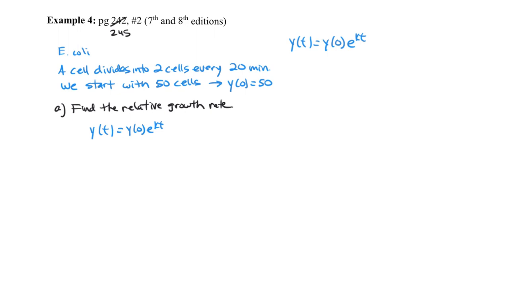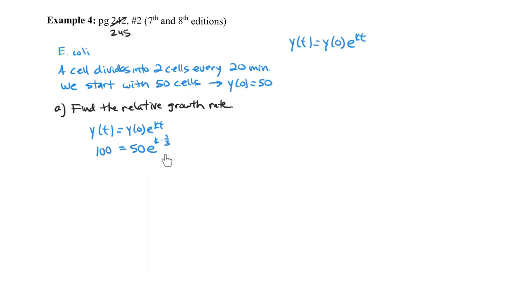Looking at these conditions, we start with 50 cells, and we're going to have 100 cells 20 minutes later. And so the time is really 1/3.